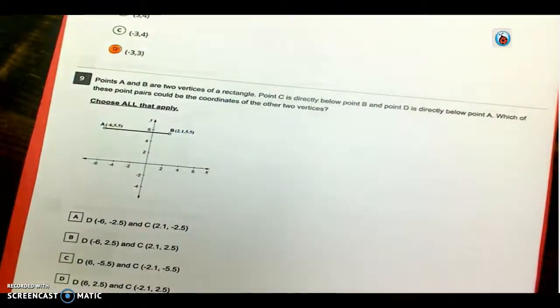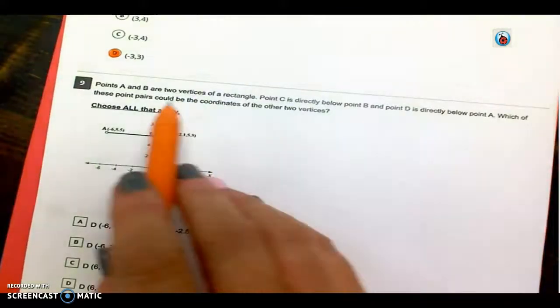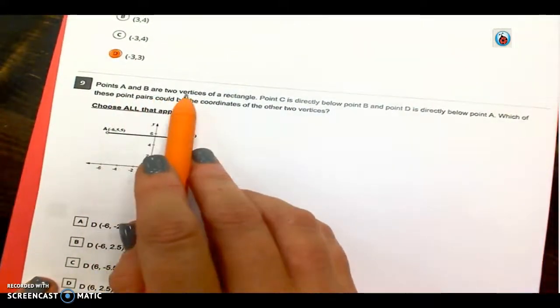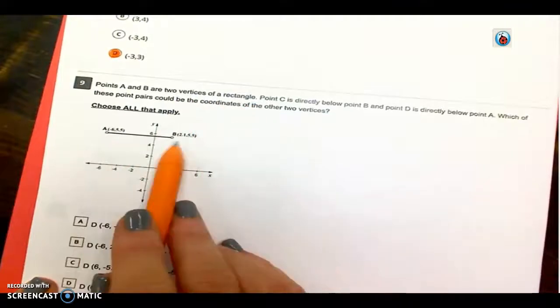All right, number 9 says points A and B are 2 vertices of a rectangle.